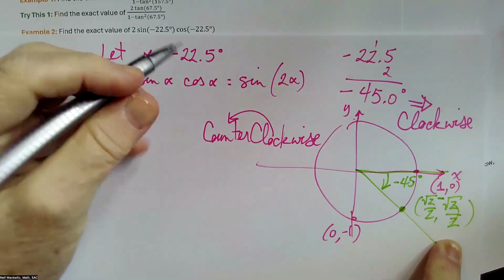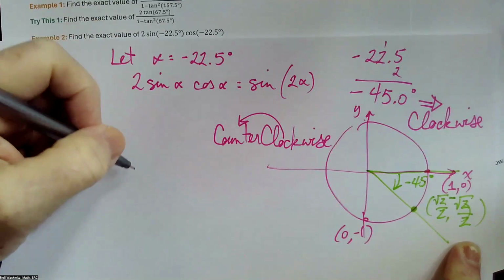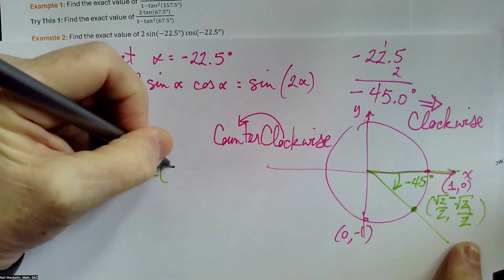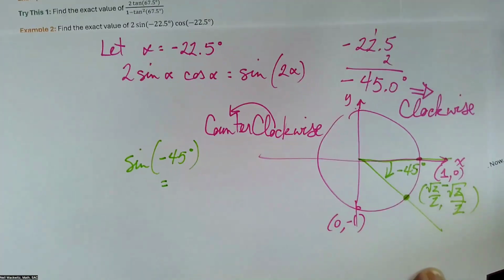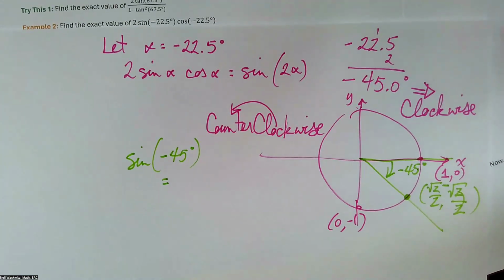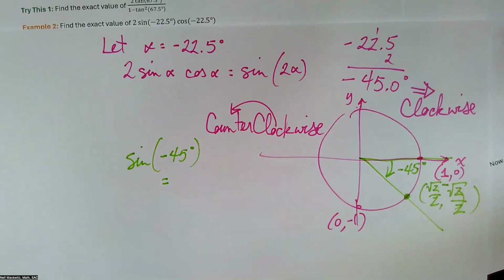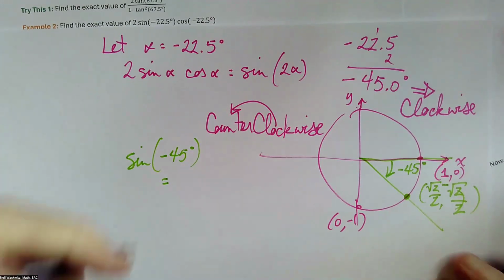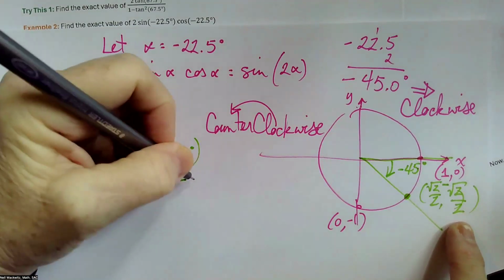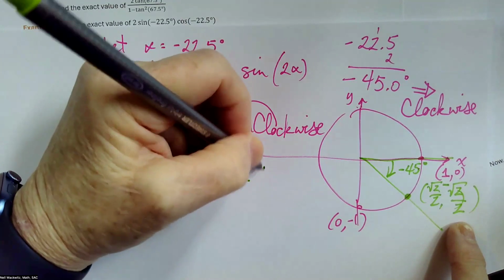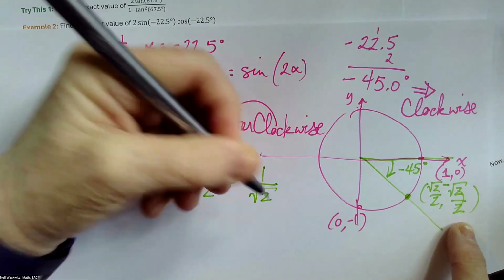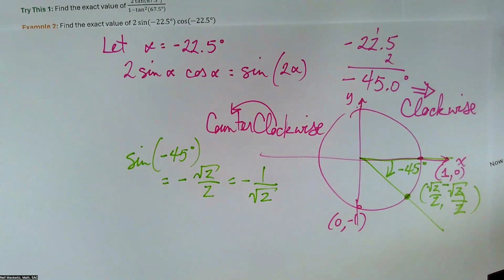So what is the value then of the sine of negative 45 degrees? Which one does the sine go with, x or y? Goes with y. Very good. So we have negative square root of 2 over 2. And just because I want you to keep this in mind, that's the same as negative 1 over square root of 2.